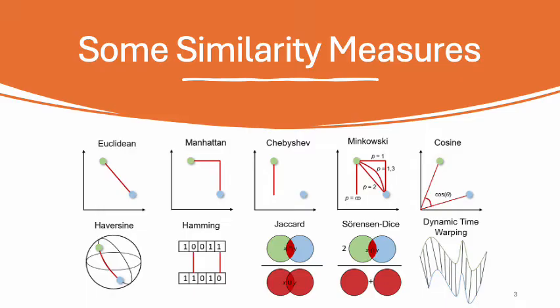Manhattan distance, also known as taxicab or city block distance, sums the absolute differences of their coordinates, reflecting a grid-like path. Chebyshev distance measures the greatest of their absolute differences, often used in chess for the king's movement. Minkowski distance is a generalized metric that includes Euclidean and Manhattan distances as special cases.